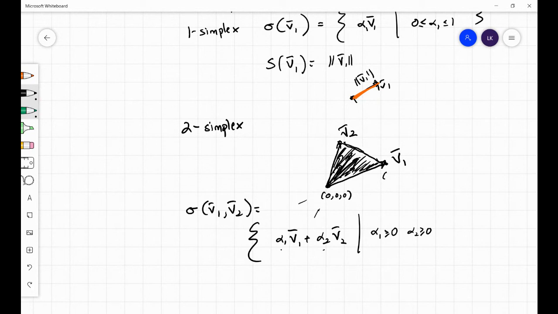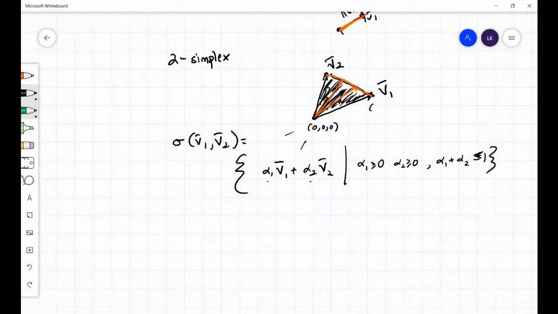But also to make sure that we stay in this triangle, we're going to insist that the sum of alpha 1, alpha 2... if the sum were equal to 1, then all our vectors would end up somewhere over here on the boundary of this triangle. So if you want the triangular region, we're going to insist that the sum is 1 or less, at most 1.